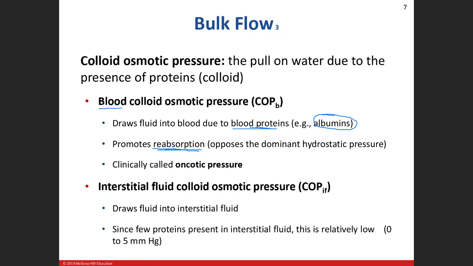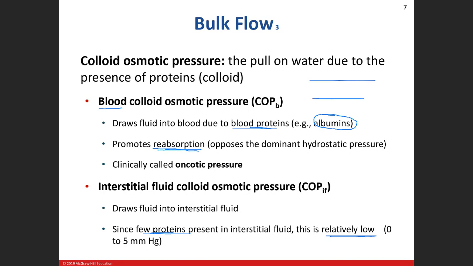And again, this has to do with the amount of pull that the interstitial proteins have on trying to pull fluid outside of the blood vessel. We don't have a lot of proteins there, so again, we're dealing with a relatively low number here.